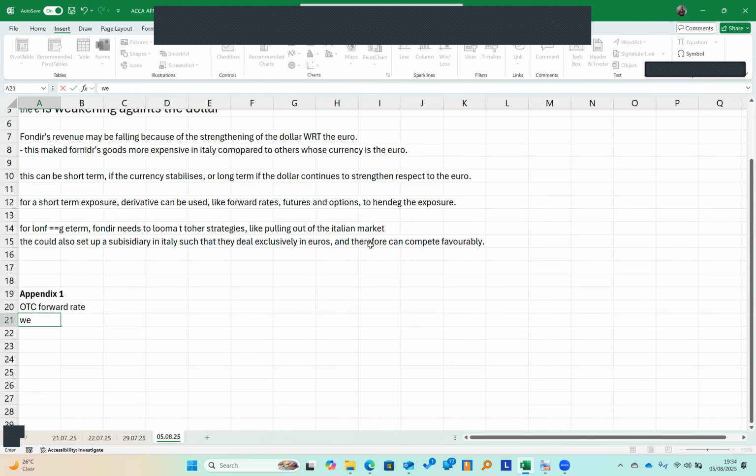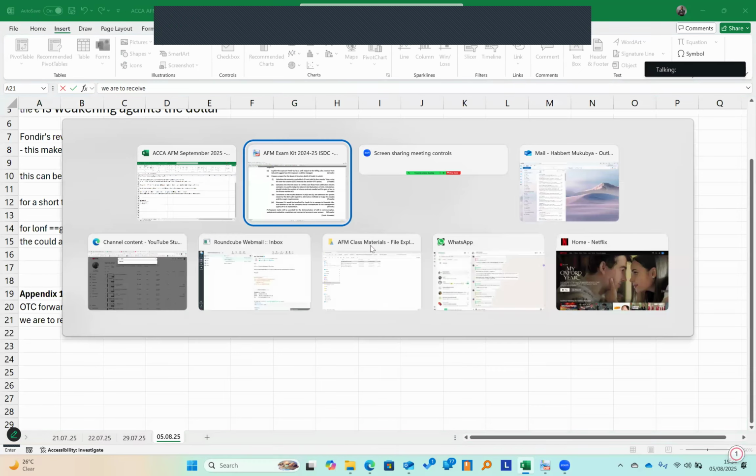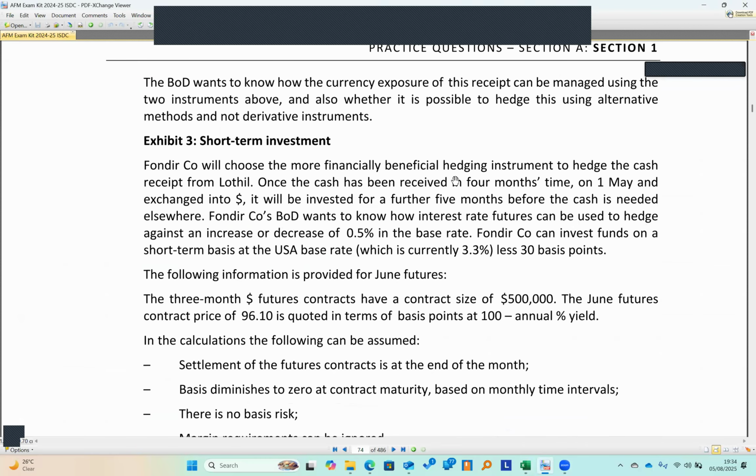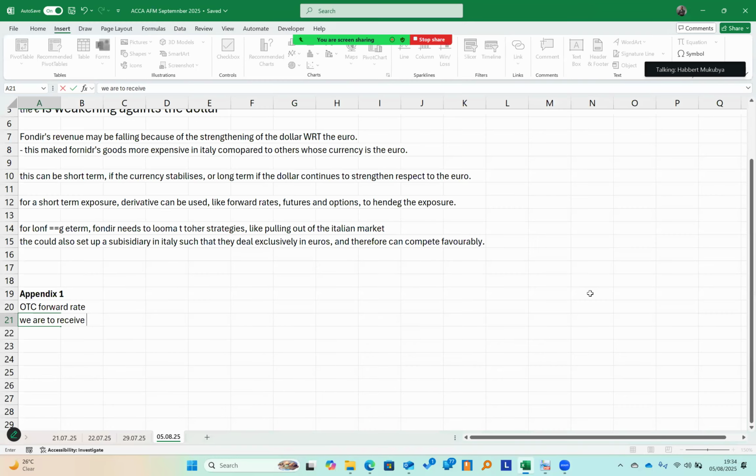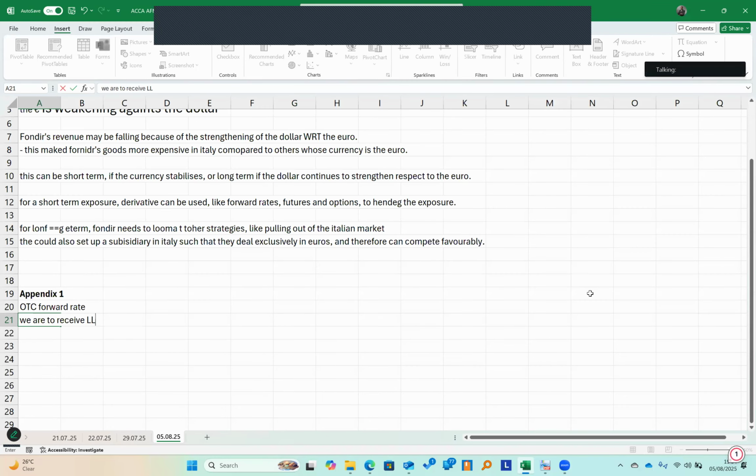We are receiving $57 million in 3 months.